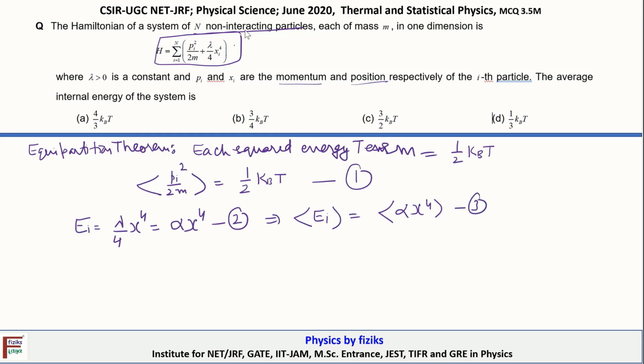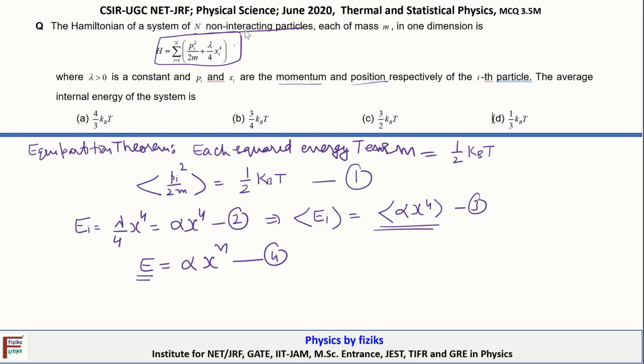Now I'm going to discuss the very general result when we have such an expression for energy. Let's take the very general case. If we assume that energy has dependence on the displacement as E is equal to alpha x power n, let's call this equation 4. Now we want to determine the average value for this quantity.